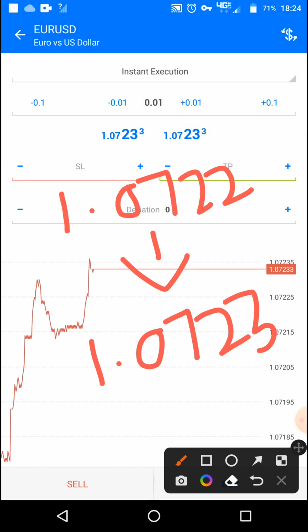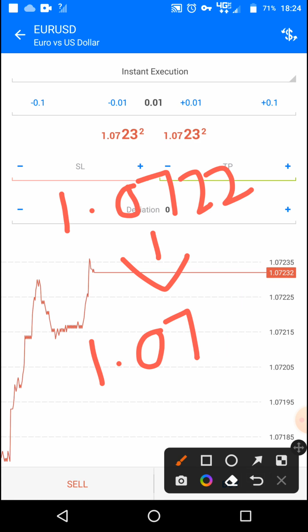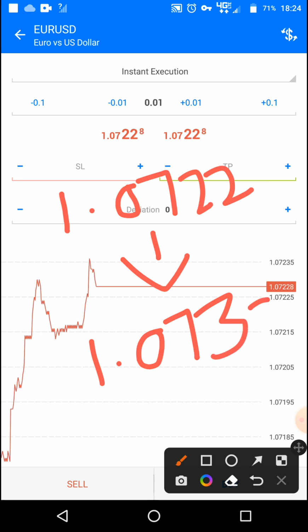If it moves to 1.0730, okay, all you have to do is deduct the last price from the initial price.